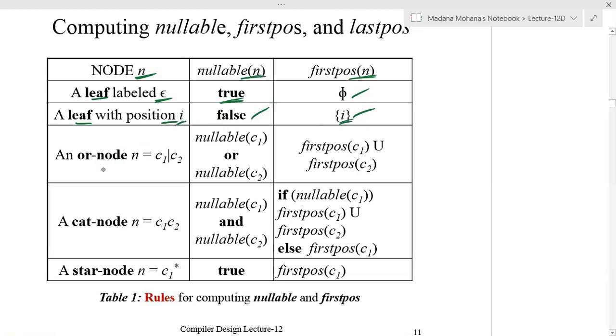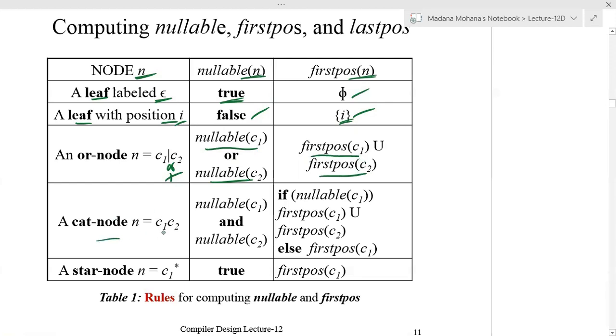Then take the or node, denoted with the plus symbol, with children C1 or C2, that is C1 plus C2. The nullable value is nullable of C1 or nullable of C2. For first position, you take the union of both children's first positions: first position of C1 union first position of C2.